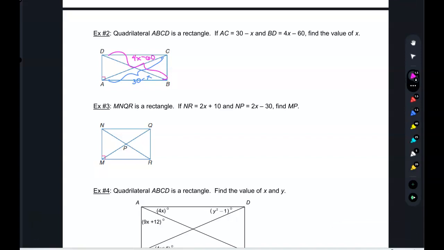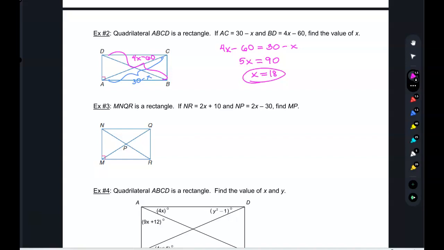What did we just prove? We just proved that they have to be equal to each other. So we have 4X minus 60 equals 30 minus X. 5X equals 90. 90 divided by 5 is 18.